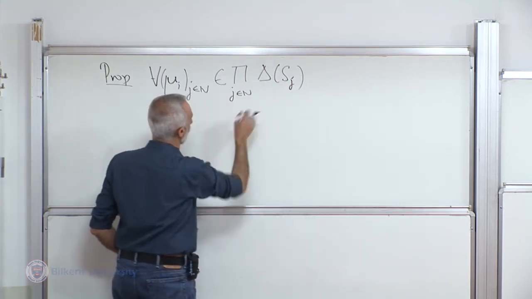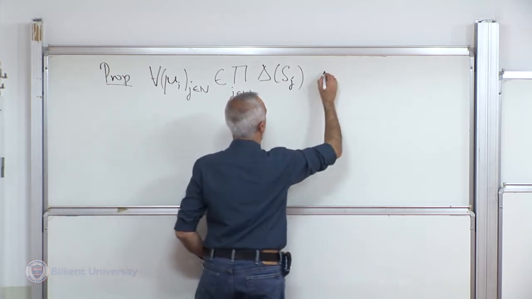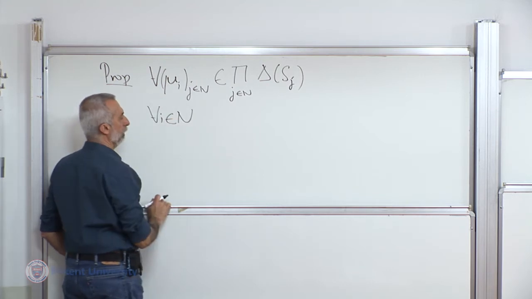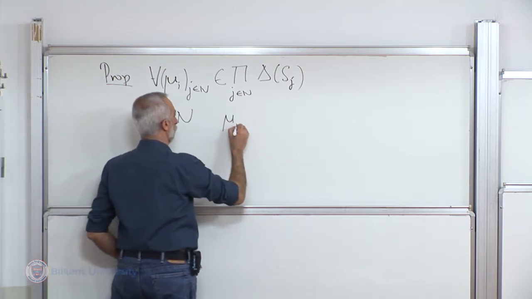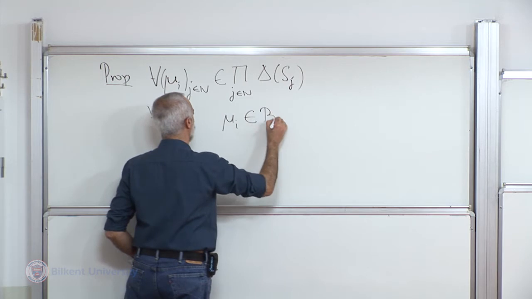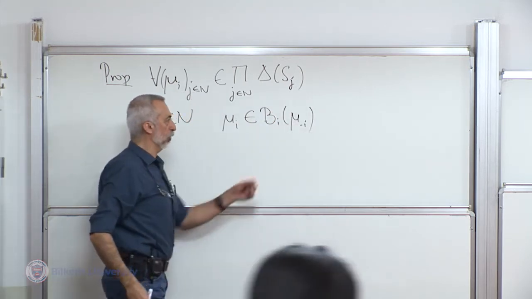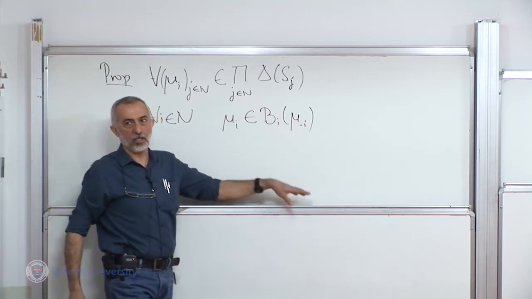Okay. For any mixed strategy profile, for any agent I in N, mu I was a best response of agent I to the mixed strategy profile. Again, I'm abusing language here.